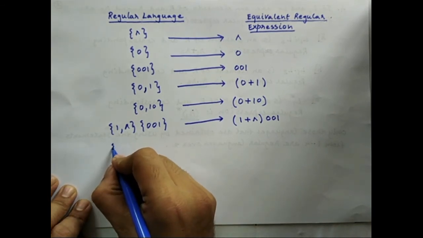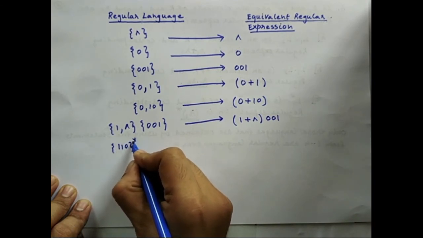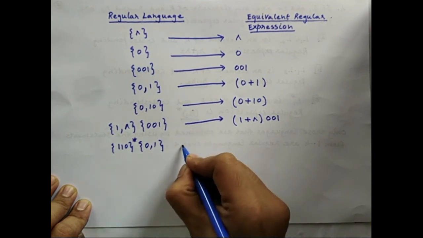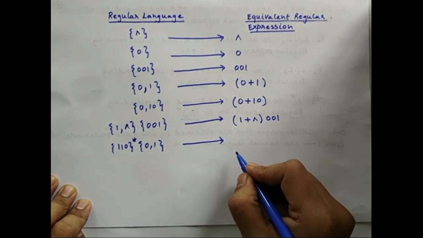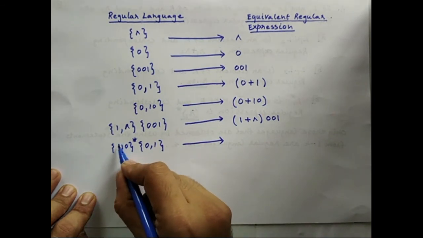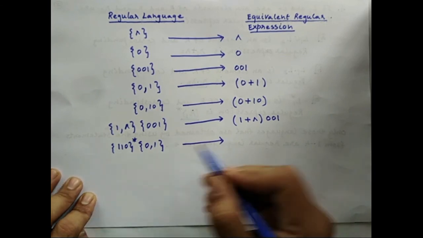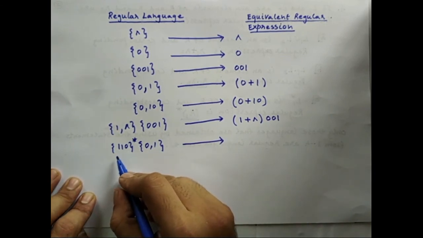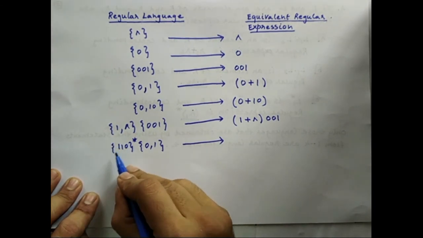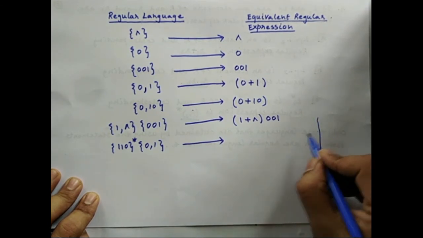Next, suppose the regular language is {110}* followed by {0, 1}. Then the corresponding regular expression will be, first of all, this is a single string, correct? But note that if I don't replace these curly brackets with parentheses, then it would appear something like this.